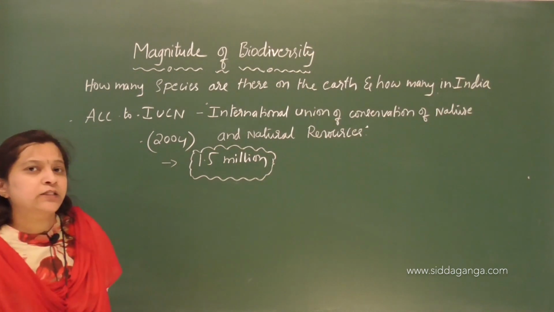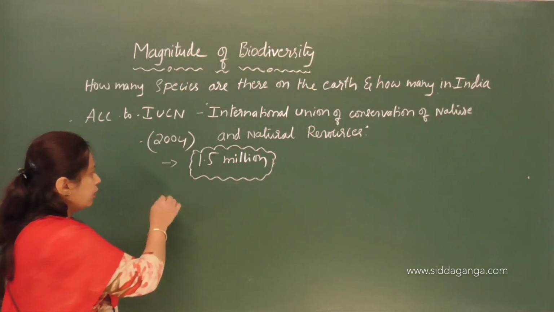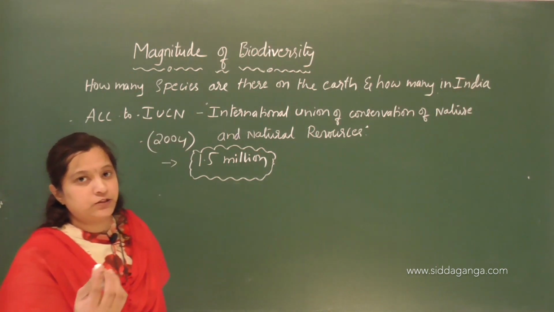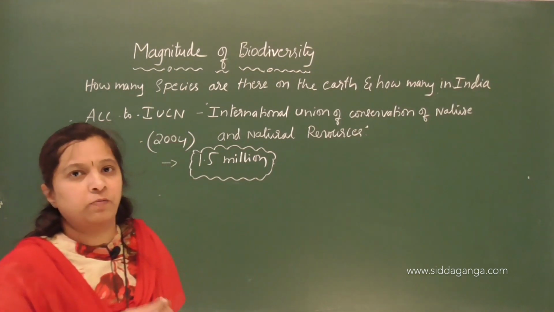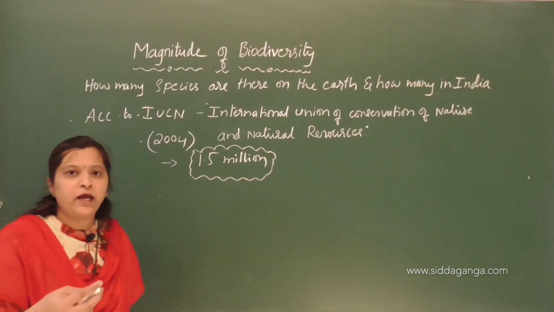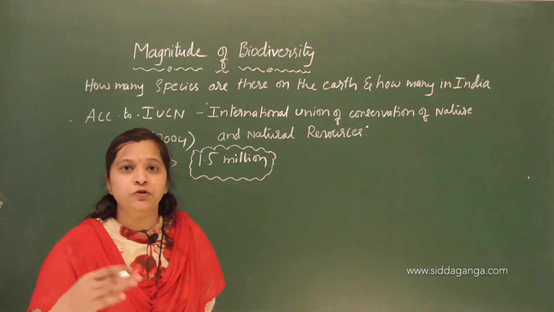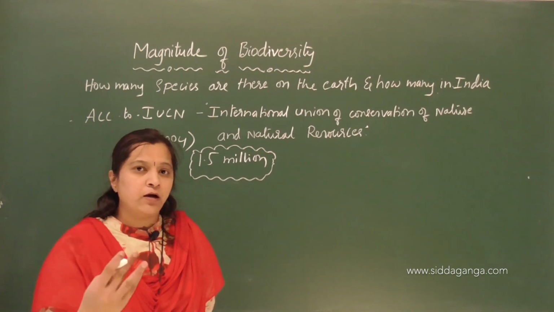Scientists have been trying for many years to discover new species of plants and animals present on the earth, but nobody has a clear idea regarding how many species are yet to be discovered. Because why?